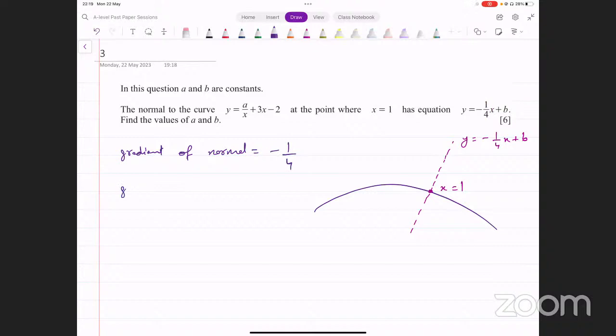What about the gradient of the curve when x equals 1? That should be the negative reciprocal of this. What will the negative reciprocal of minus 1 over 4 be? 4. Right? So the gradient of the curve at this point has to be 4.